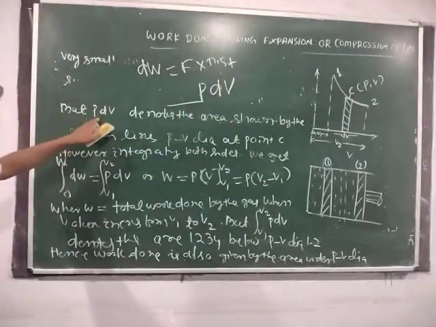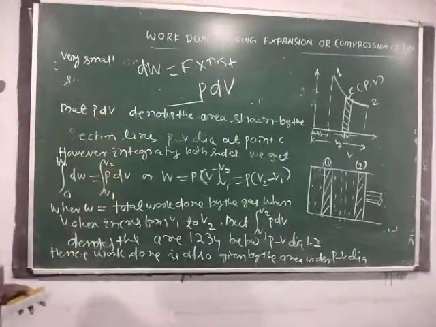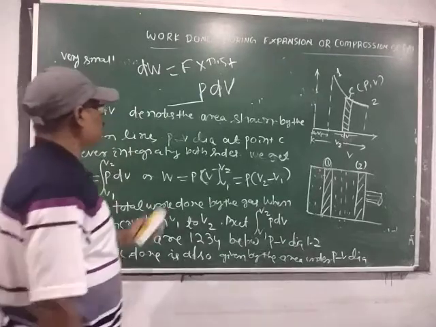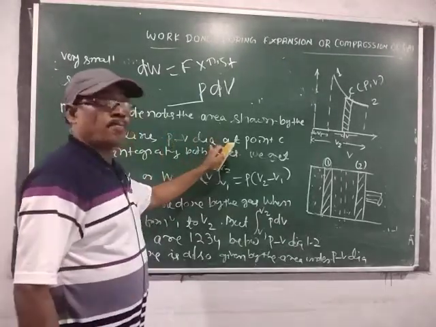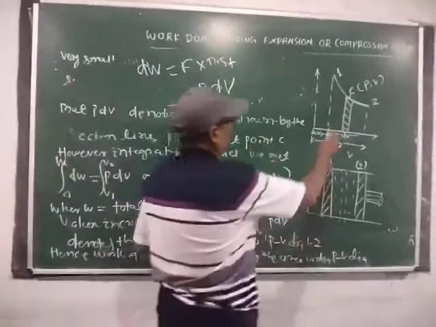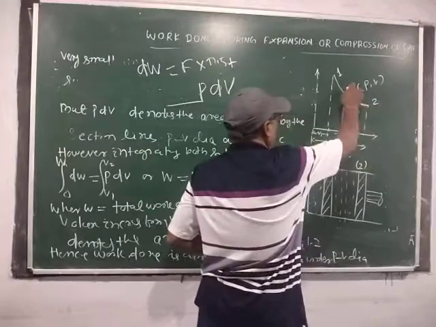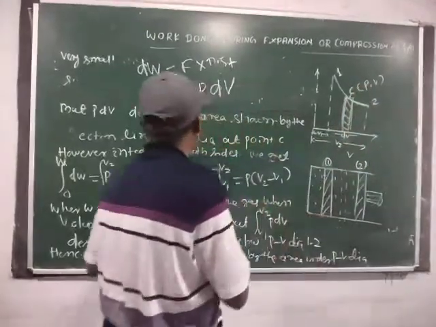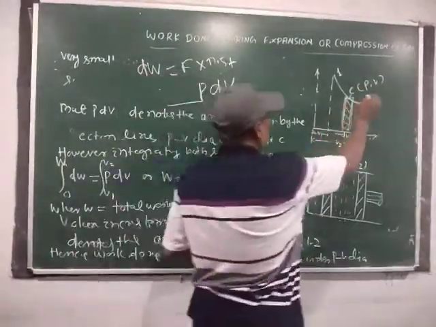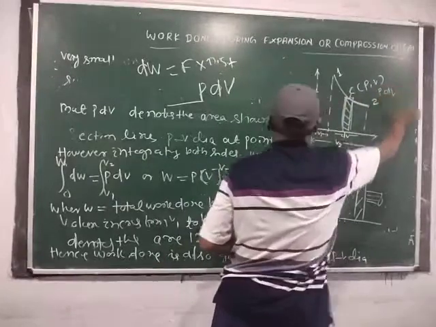But P dV denotes the area shown by the section lines in the pressure volume diagram at point C, because at point C, the area is equal to P into dV.